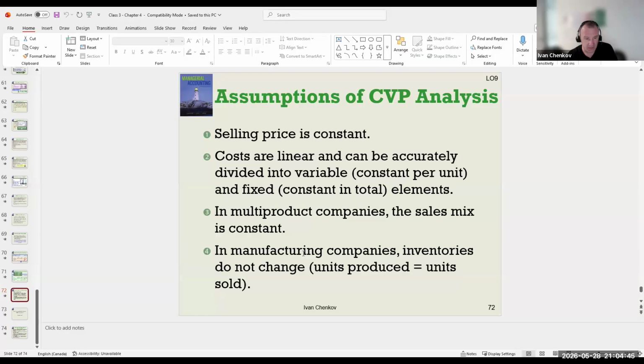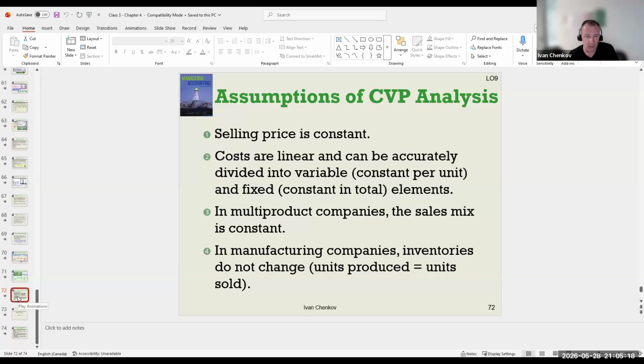First, the cost behavior is a line. Second, you can clearly divide it only into variable and fixed. Once you divide it, you know the variable cost per unit stays the same and fixed cost in total stays the same. Flat line. When we have multiple products, the sales mix is constant, it doesn't change. If my sales mix is 45 to 55, that's how it is.